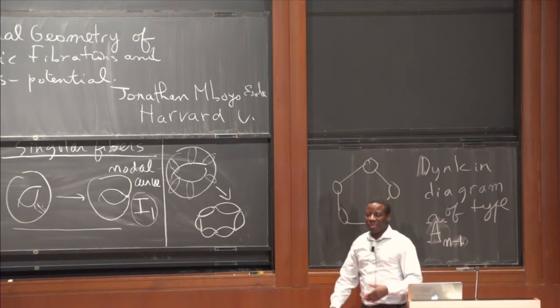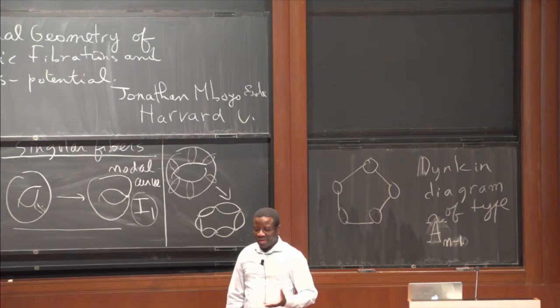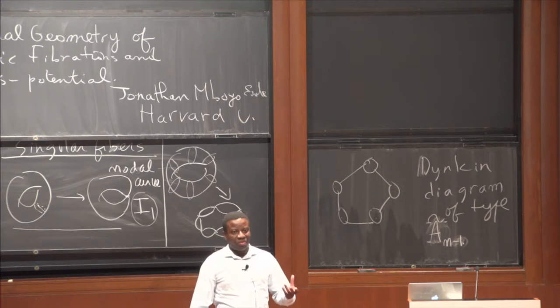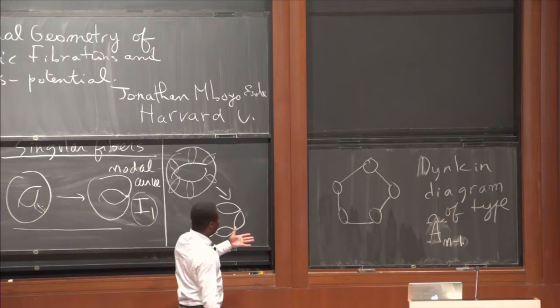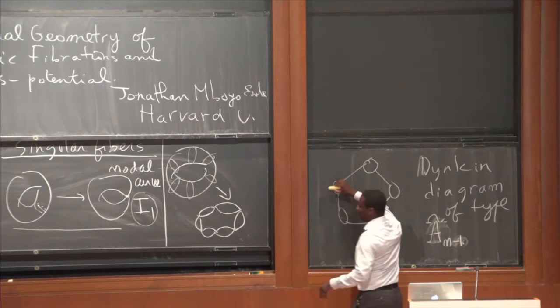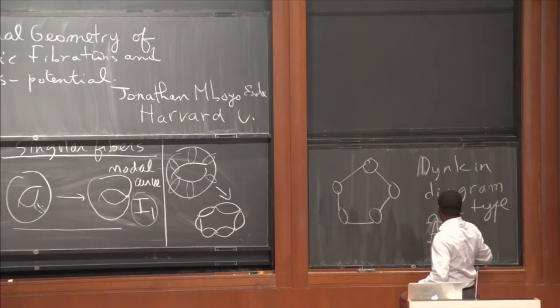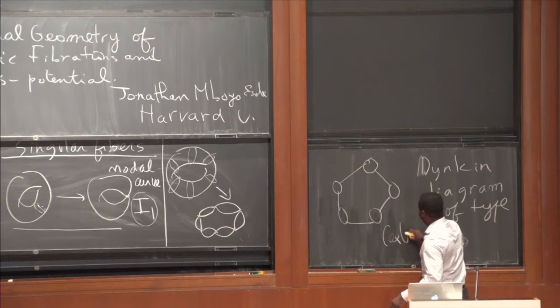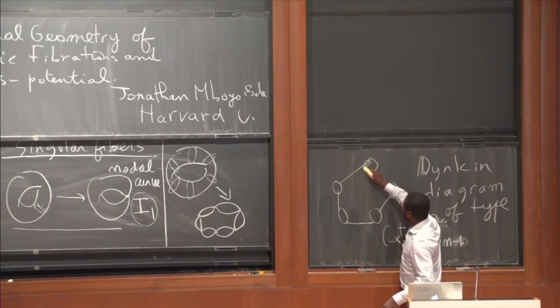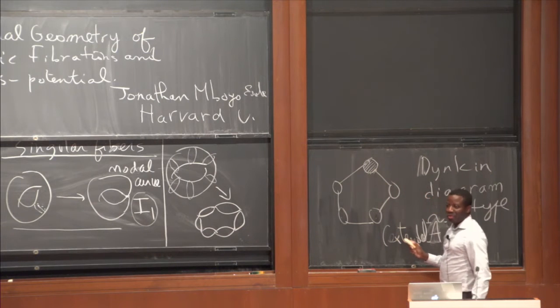So for example, the group SU3 has a Dynkin diagram of this type. Those that form a loop like this are usually called extended, and the usual Dynkin diagram is when you remove one of the nodes.